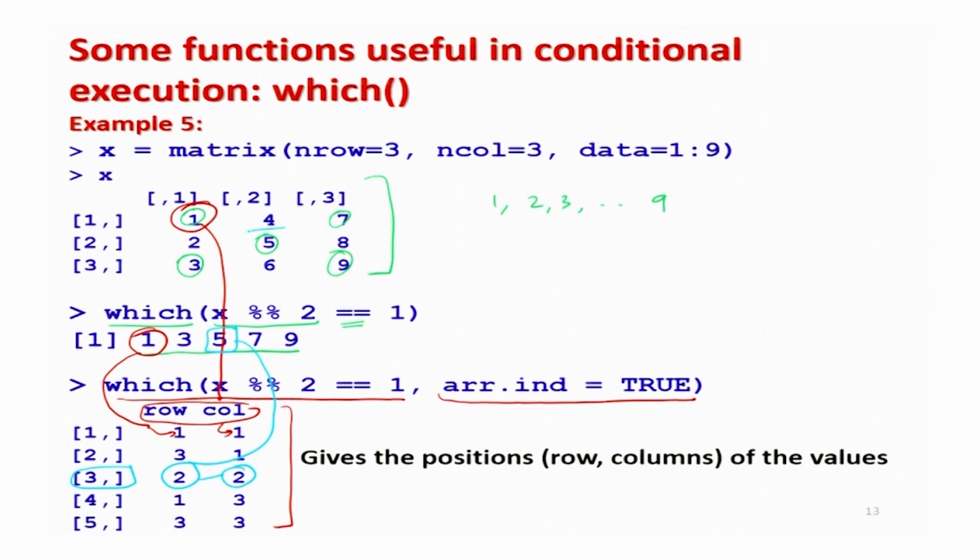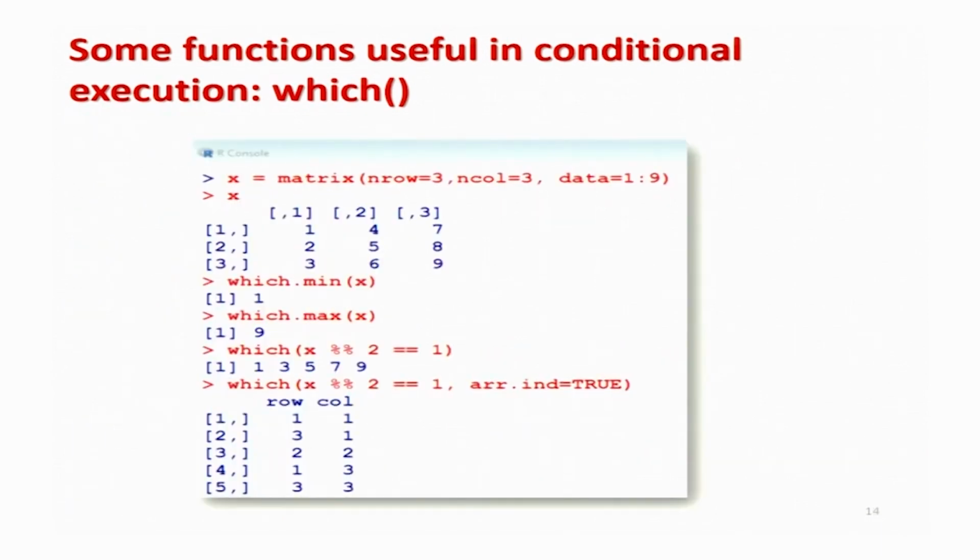So, this is the location of 5 and so on. By using this option arr.ind is equal to true, you also get the location in an array of the places where such things are occurring. You can think that these things are going to be extremely useful when doing different types of data manipulations, and this is the screenshot of the same operation.